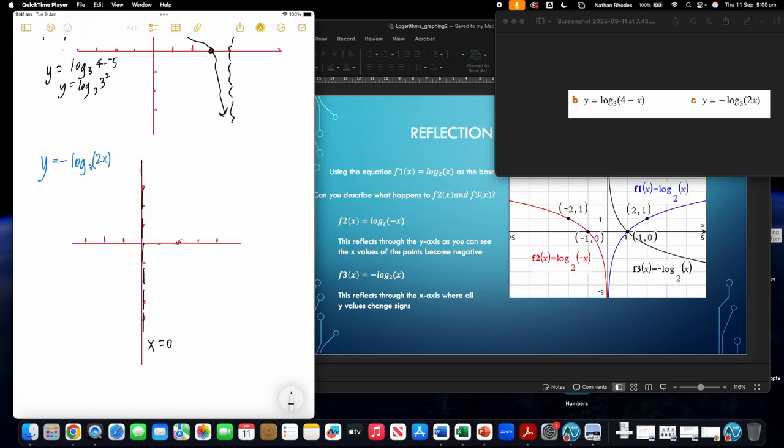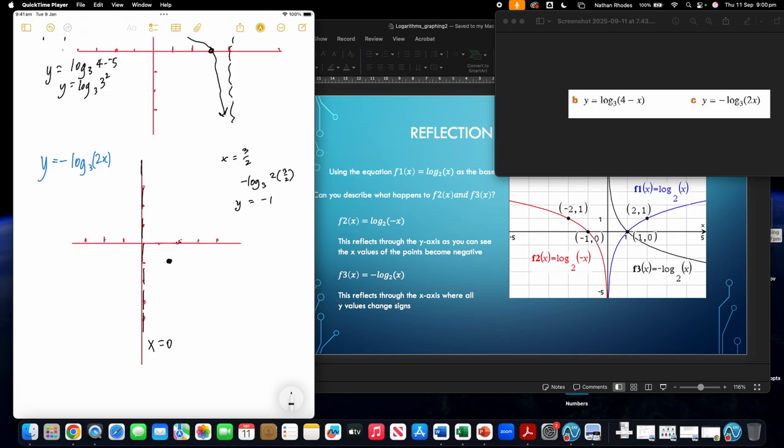We need to find when y is 1, so I'm going to try x equaling 3 over 2, because 2 times 3 over 2 is 3, which would leave me with log base 3 of 3, and that's going to give me minus 1. So when x is 3 over 2, 1.5, then y is minus 1. So I know there's a point there.